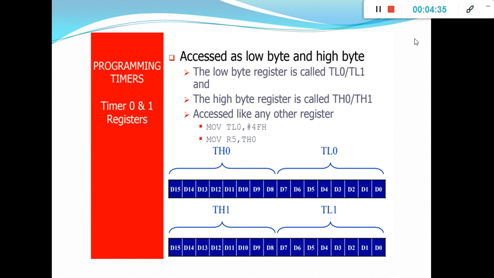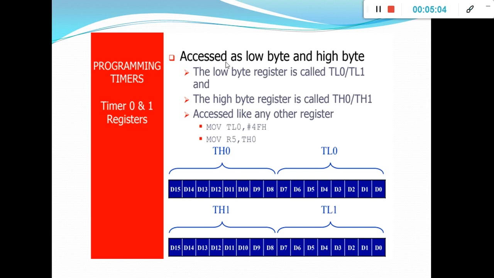So TL0 stands for the lower byte of timer 0, and TH0 stands for the higher byte of timer 0. Same for timer 1, again divided into lower byte and higher byte. TL1 is denoted as the lower byte of timer 1 and TH1 is denoted as the higher byte of timer 1.